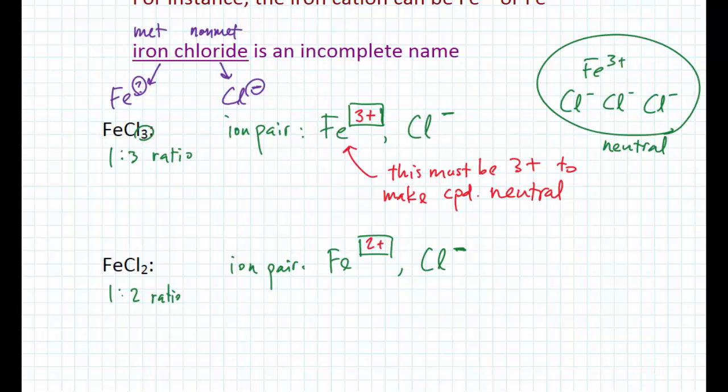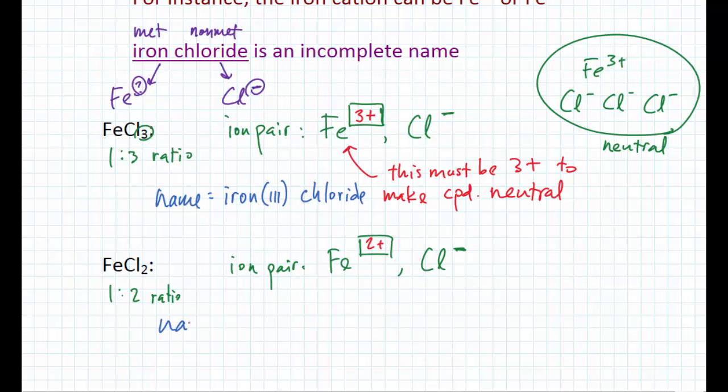So, we said before that iron chloride is an incomplete name. We now know that FeCl3 has iron 3 plus ions. This one has iron 2 plus ions. We're going to reflect that in the name. The name of this one, iron Roman numeral 3 in parentheses, chloride.